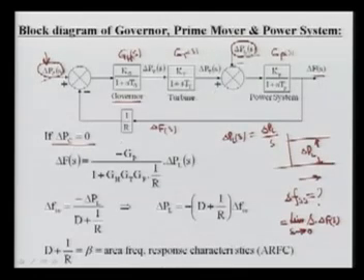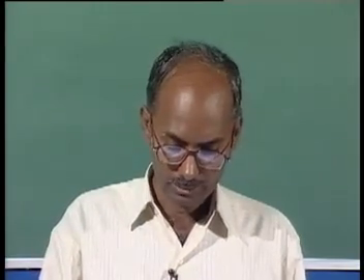Now for this, with the reference change at 0, you can see this is your input and this is your output. This is your G, and the remaining component I can say is H. We can easily simplify this, so let us see how.